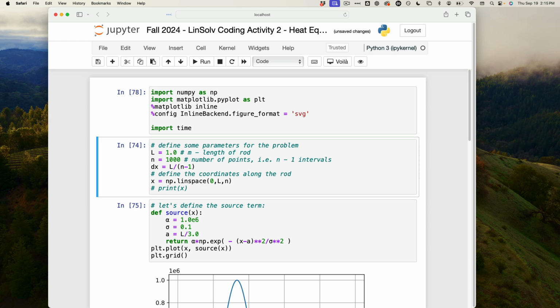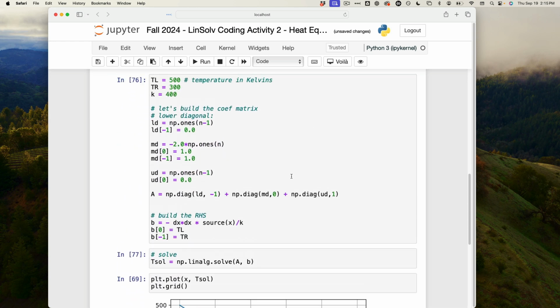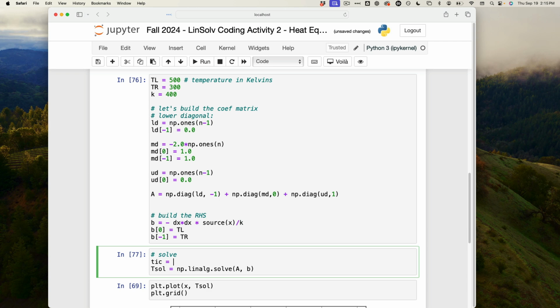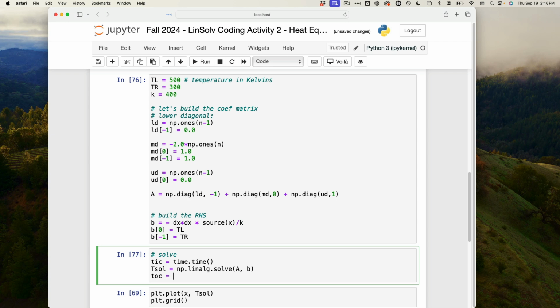I'm going to do a tick-tock on this. Tick is time.time, so it measures a timestamp before we solve the system. Then after we solve it, I take another measurement of time, and their difference is the time that we spend. So you set your timer, start, stop. Tick, tock is time.time, and then print elapsed time equal to tock minus tick.